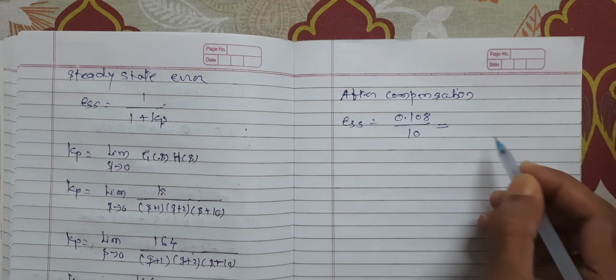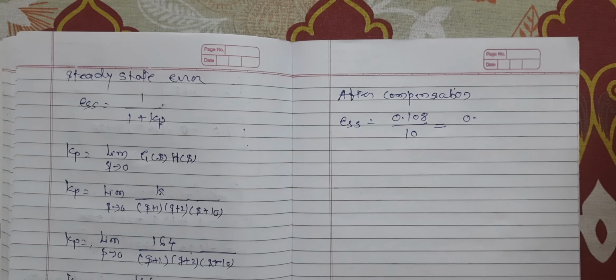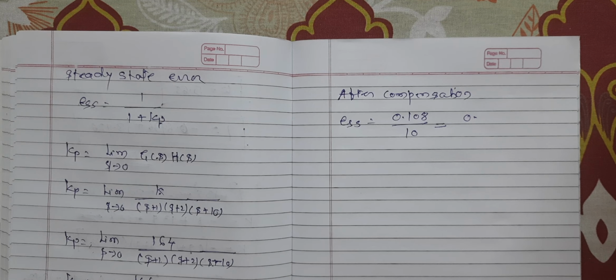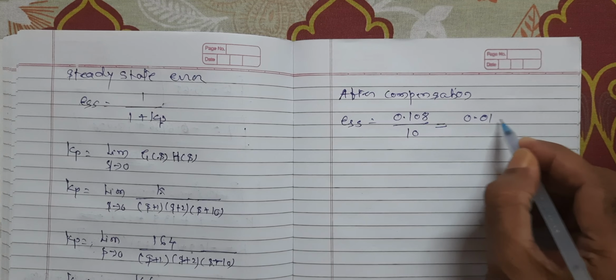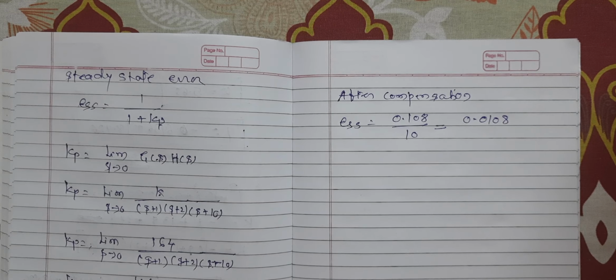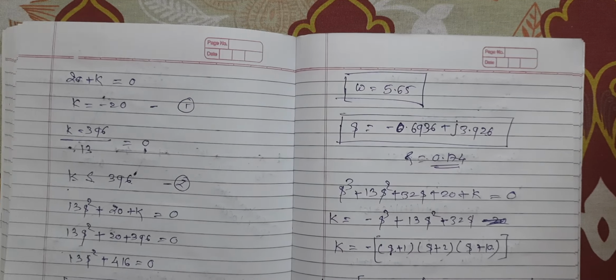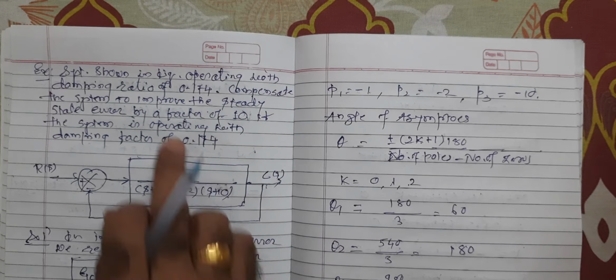So how much is it coming? 0.0108. This is because it is given in the statement only.